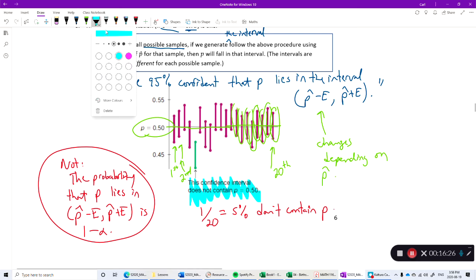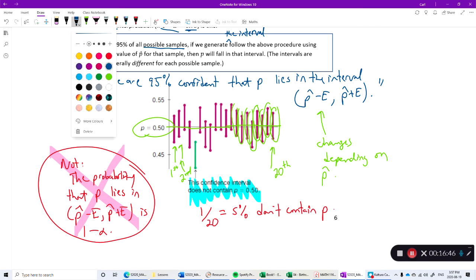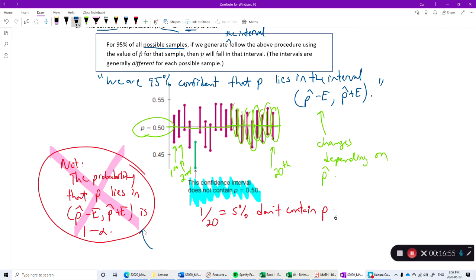Why can't I say that? Because p is not a random variable. p is not random. There's no probability that p is this or that. p is just what it is. It doesn't change.